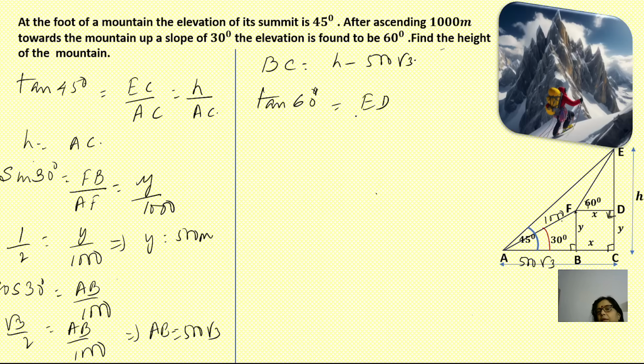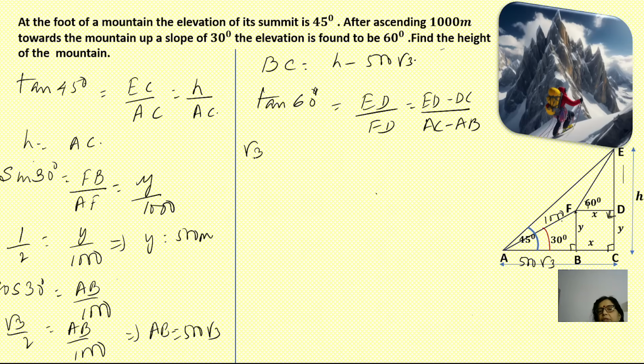ED is equal to this total height H minus DC, that is ED minus DC, divided by FD. Now FD is equal to BC, and BC can be written as AC minus AB.